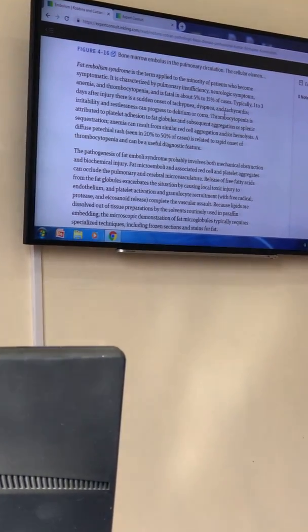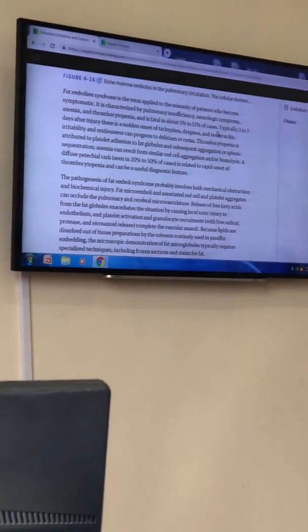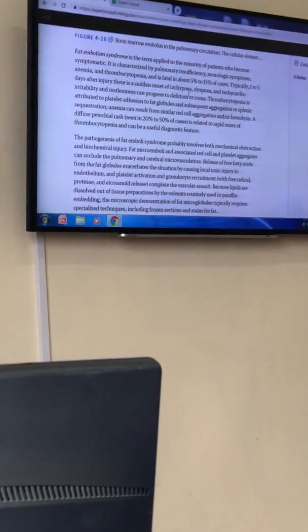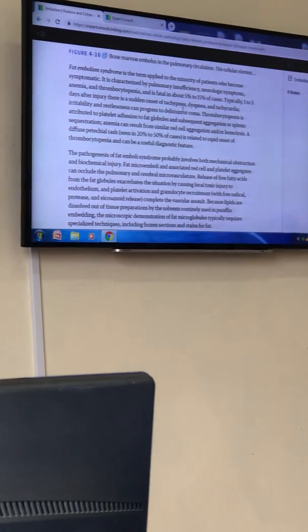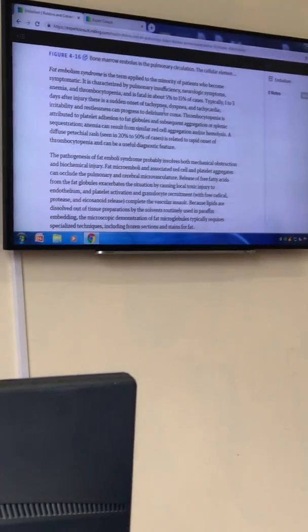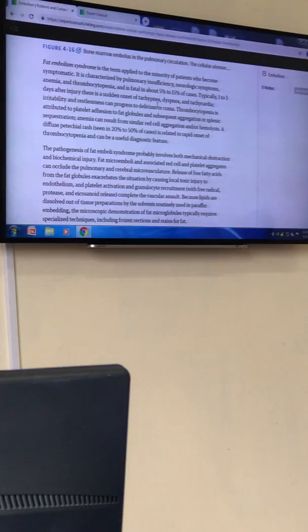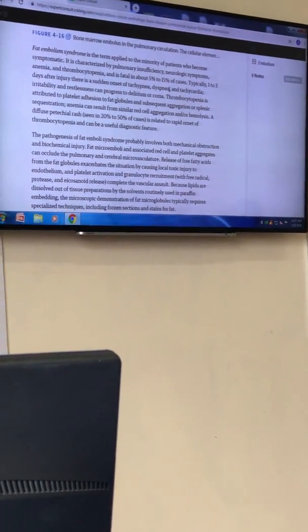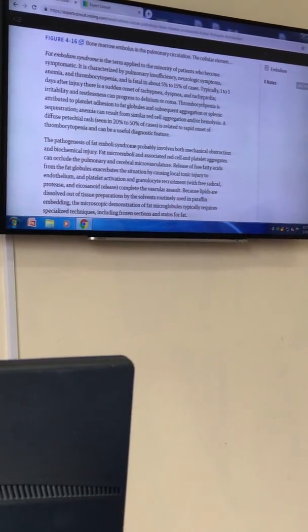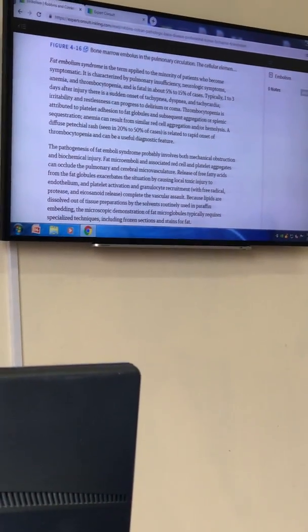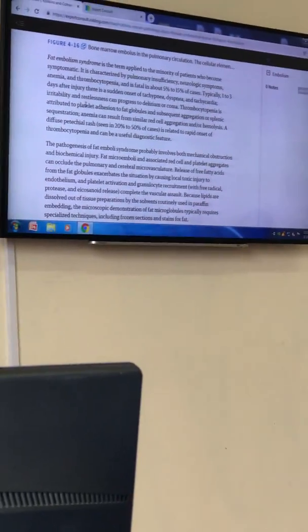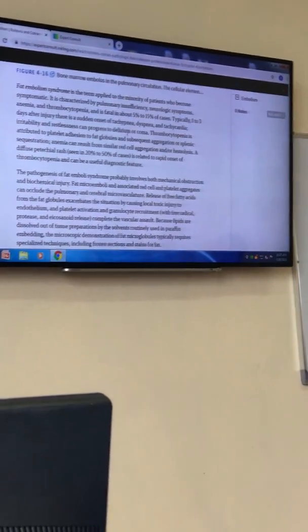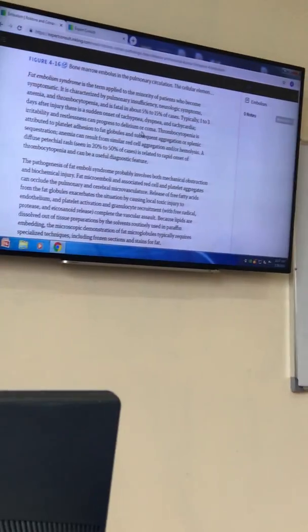So, what is the clinical picture of a typical patient with fat embolism syndrome? 1 to 3 days after injury, there is a sudden onset of tachypnea. Tachypnea, do you know? Rapid inspirations. So tachypnea, tachy means rapid. Dyspnea or shortness of breath, and tachycardia. Heart rate is increased. Irritability and restlessness, and at last it can progress to delirium and coma.